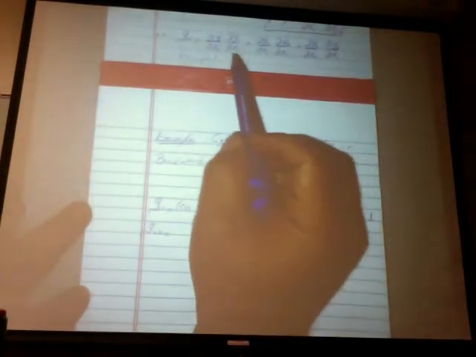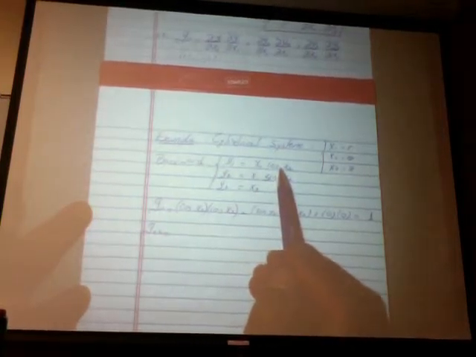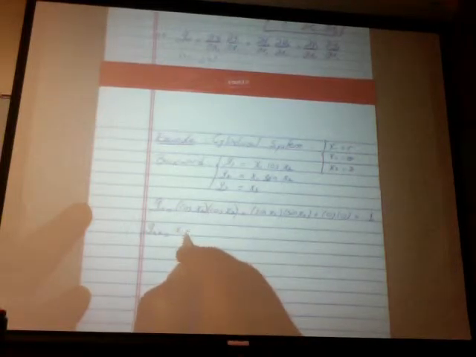G22, it would be this one with respect to x2. That would be x1 minus x1 sine of x2, minus x1 sine of x2.